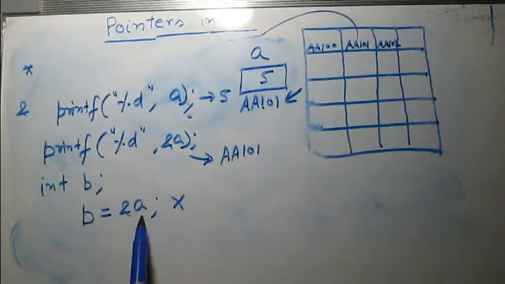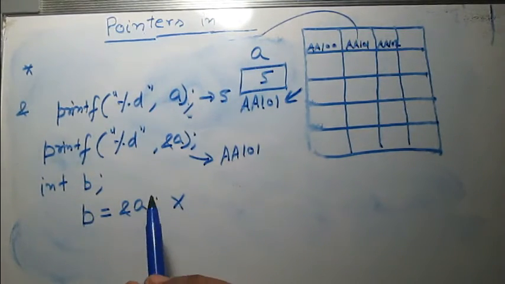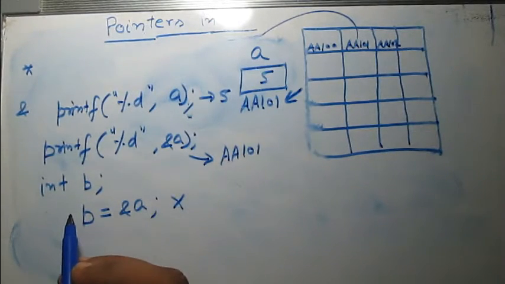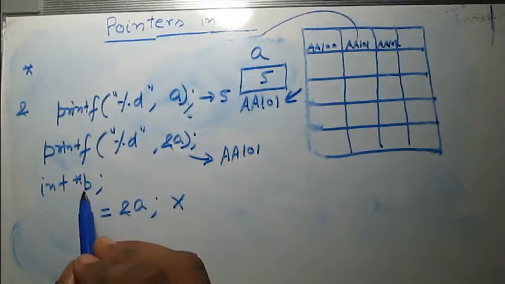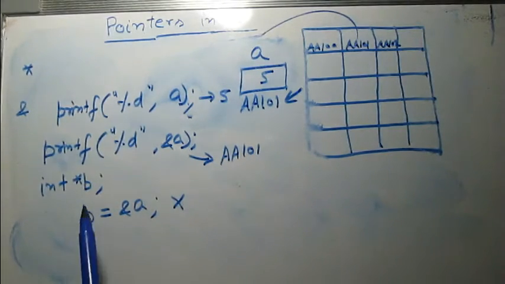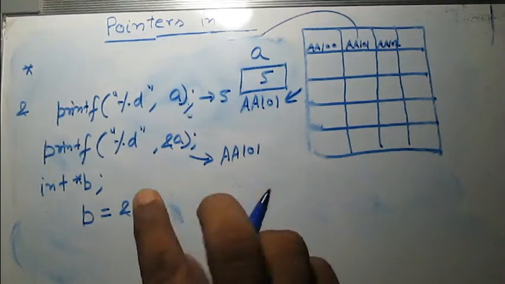If you want to store an address, you have to declare this variable of pointer type. How can you make a variable a pointer? By just placing an asterisk before the variable. So if you place an asterisk before the variable, this statement now becomes valid.